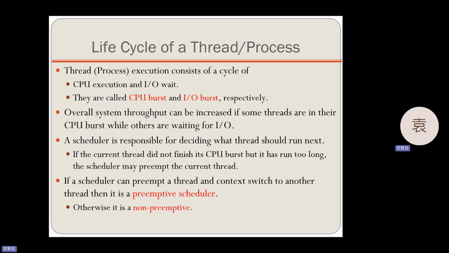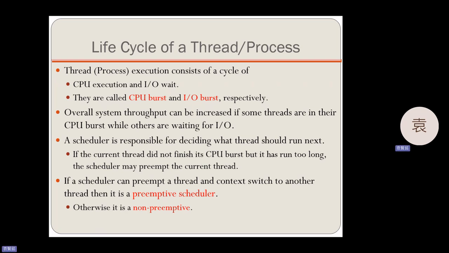So when a process is in its CPU burst, there should be other processes using the available I/O devices. All the system resources can be utilized simultaneously and not sequentially.